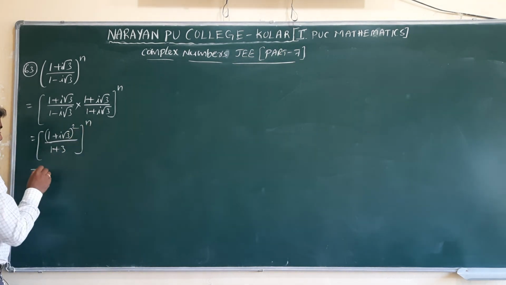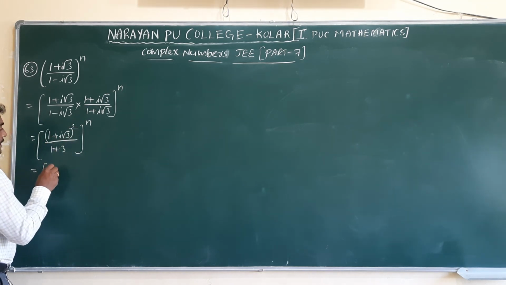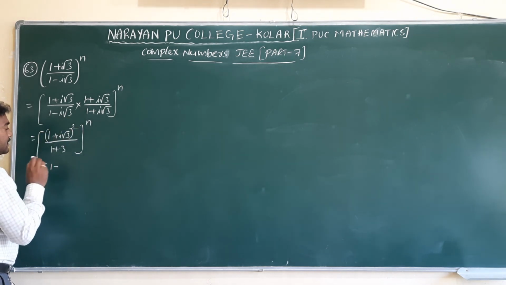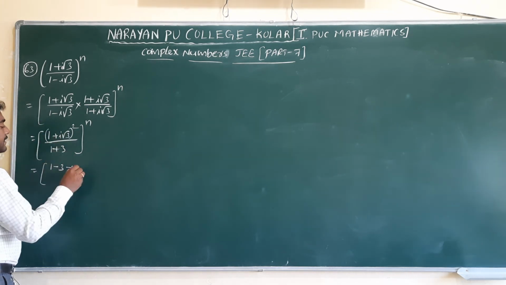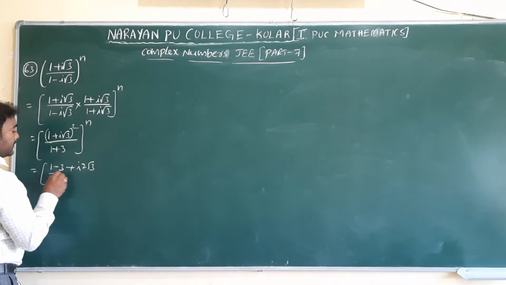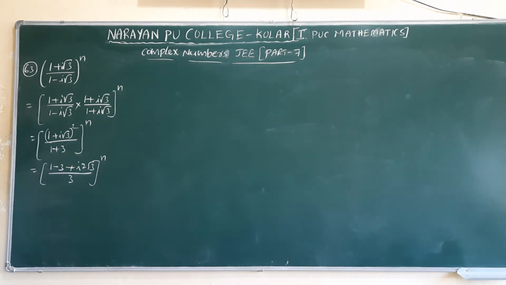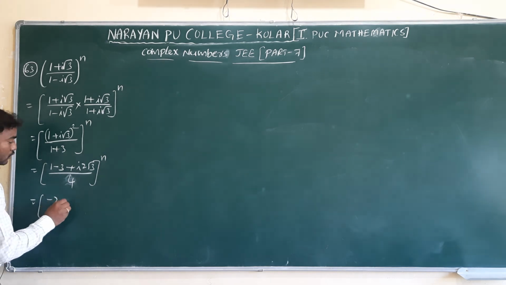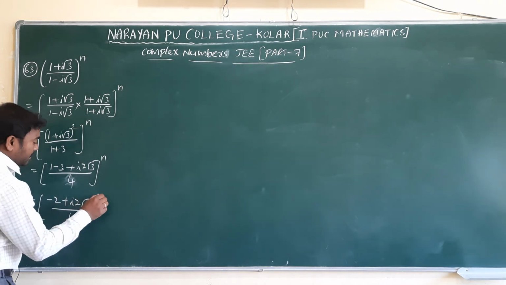Here, using the (a + b) whole square formula in the numerator, 1 plus (i√3) whole square. So 1 plus i square value minus 3, the cross term is 2i√3, divided by 1 + 3, which is 4, whole power n. That is, (1 − 3 + 2i√3) divided by 4 whole power n.